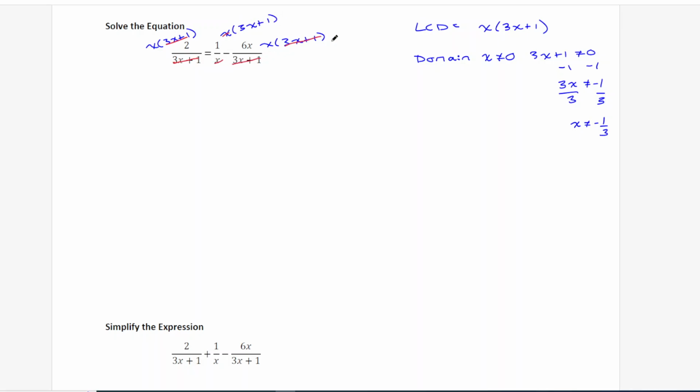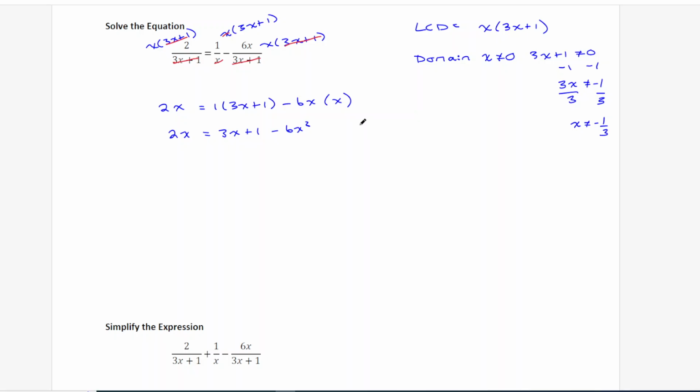And this one I can get rid of the 3x plus 1, and I'm left with just an x. So I'm left with 2 times x is equal to 1 times 3x plus 1, and then minus 6x times x. Simplifying, I get 2x is equal to, multiply the 1 through, I just have 3x plus 1, minus 6x squared.